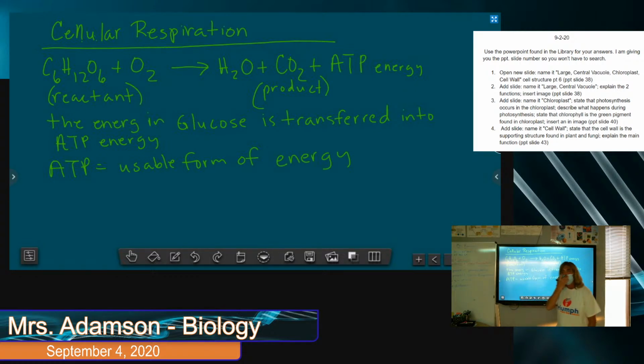And where does this occur in our cells? It occurs in the mitochondria of plants and animals, whereas photosynthesis only occurs in plants or autotrophs. In the mitochondria.